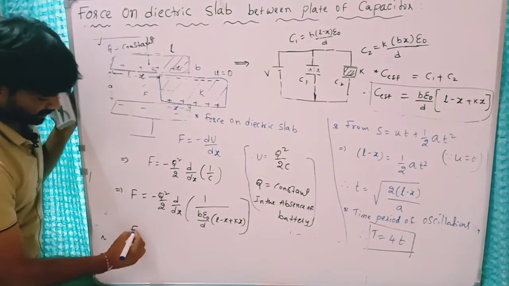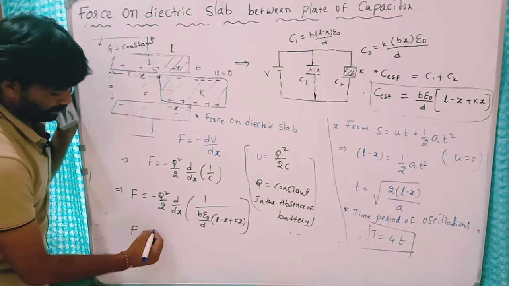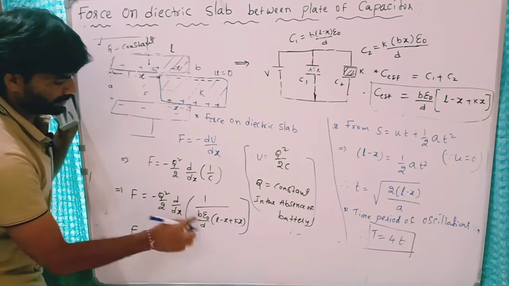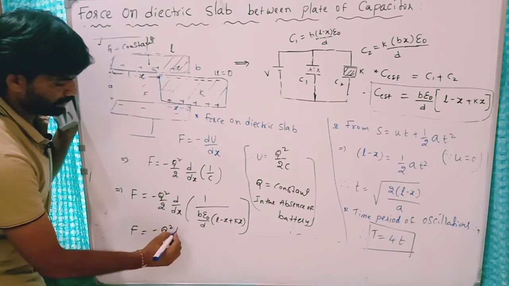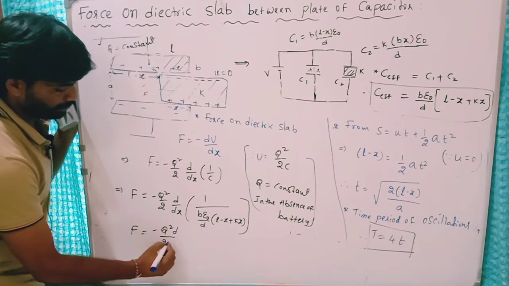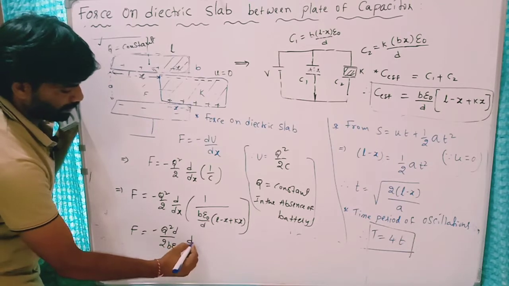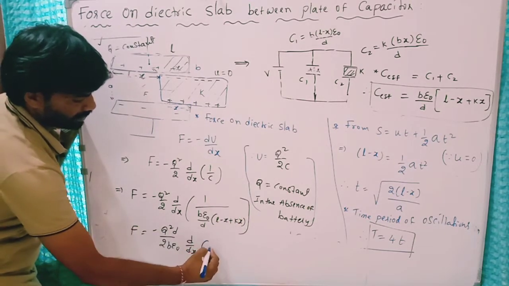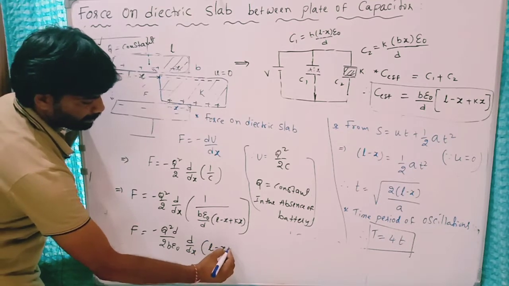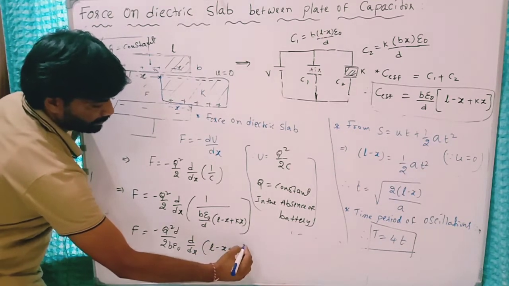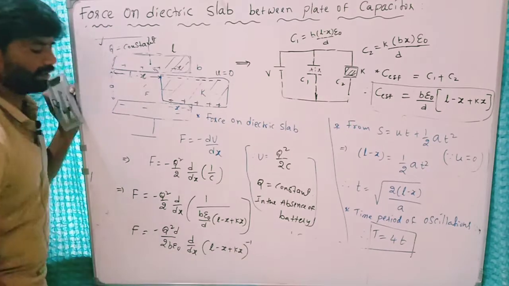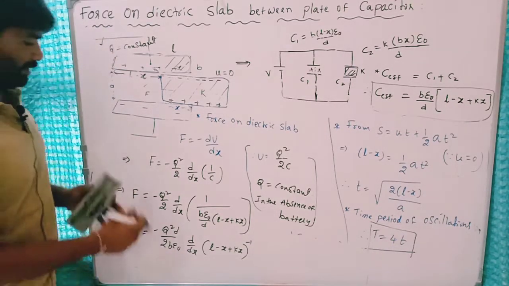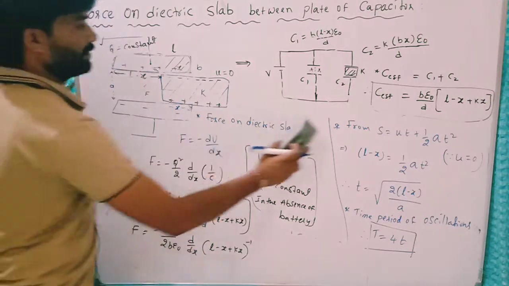You can write this F equal to Q square by, write these terms outside, this d comes to the numerator, Q square d by 2b epsilon naught, d by dx of, you can write this in the numerator, it becomes L minus x plus Kx power minus 1, inverse of that. So you can write now the differentiation of this.